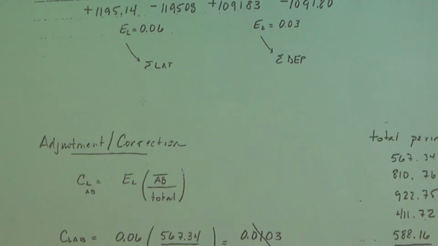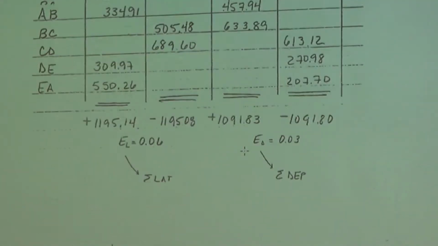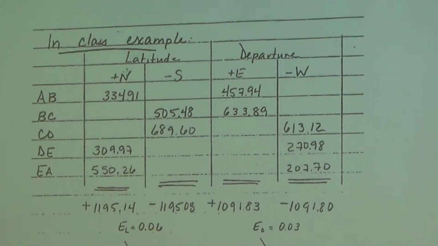We calculated that the correction is 0.01. Are these numbers too big or too small in comparison to the south? You add up the norths, you add up the souths, which number is bigger here? North. The north is bigger. So that means these numbers are too big.